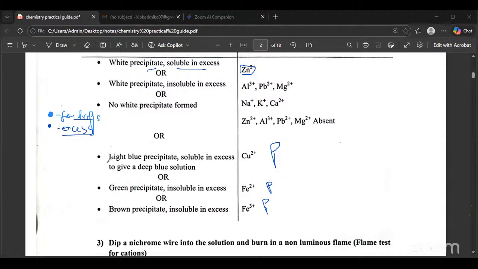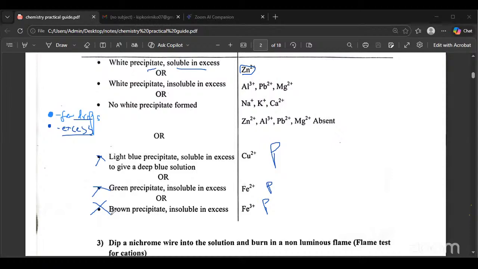Yes, so the others are the same. I want you to see, here we don't have a problem with this one because it is the same up and down. The only difference in copper is it will be dissolving to form a deep blue. But that one, it is insoluble, but it is still blue. So the colored ion remains colored ion. What is changing is maybe the few things about the zinc, which now we are removing, and we make it the Mg in the ammonia.